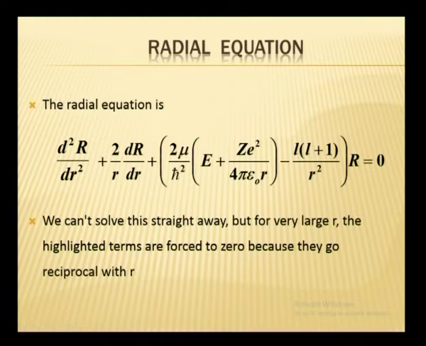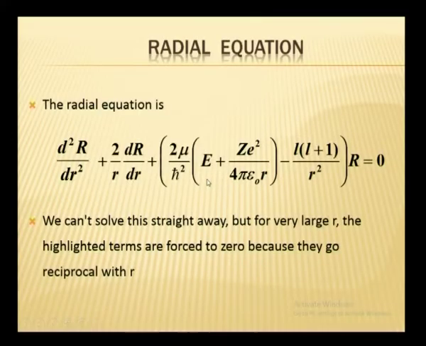What is r? r is the distance separating the proton and the electron, right, that is the r equation or the radial equation. The other 2 equations involve respectively theta and phi. Now, we are concentrating on the radial equation.